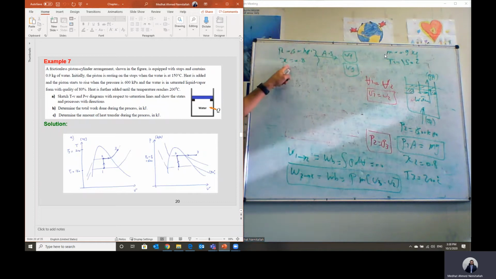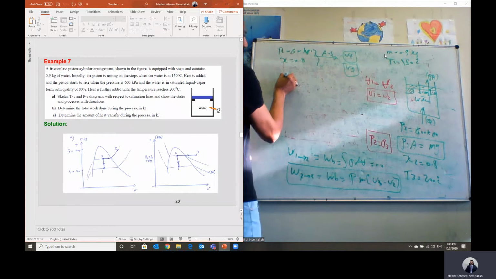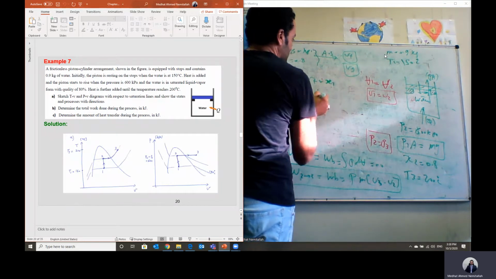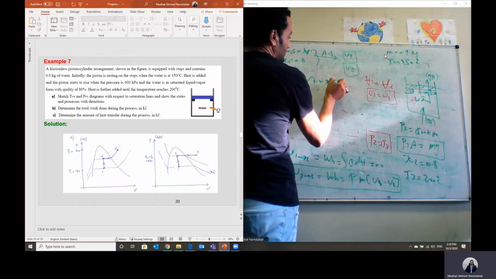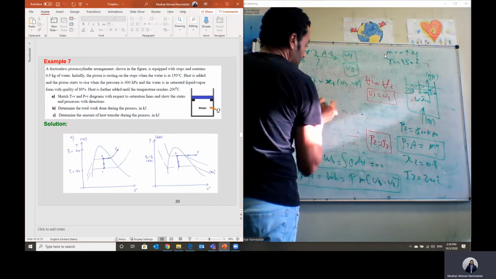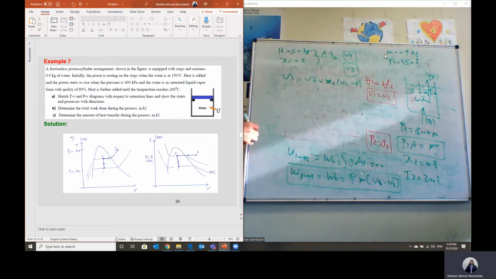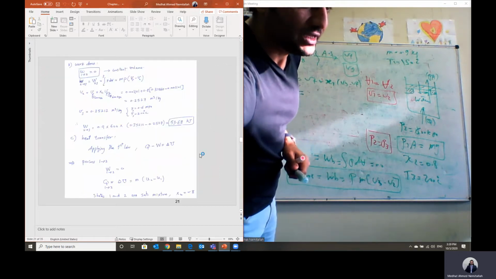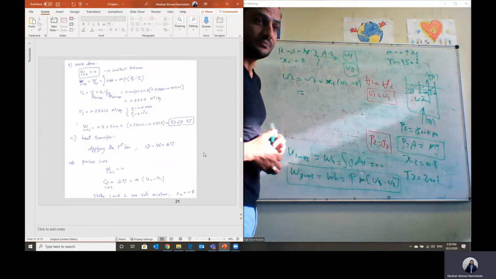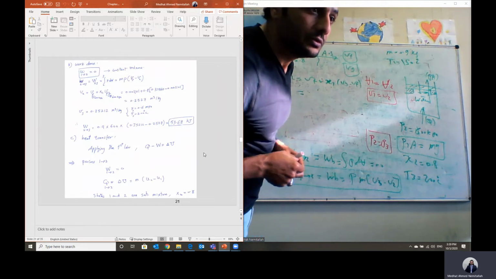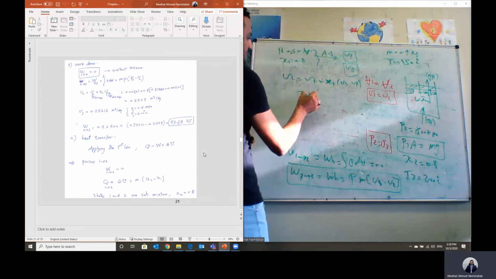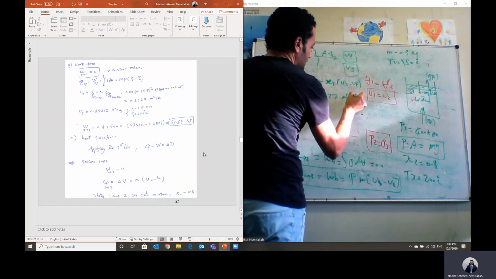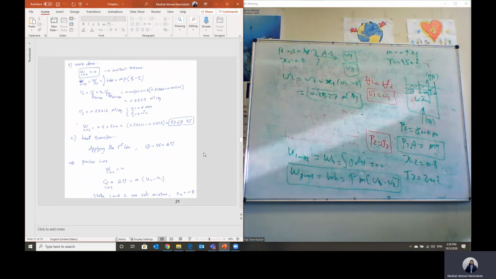It is already a saturated mixture, as the value of X is given. Then we can say V2 will equal v_f plus X2 multiplied by (v_g minus v_f). Then we can calculate the specific volume V2. You can check the numbers here. Specific volume V2 will equal 0.2527 meter cubed per kilogram.